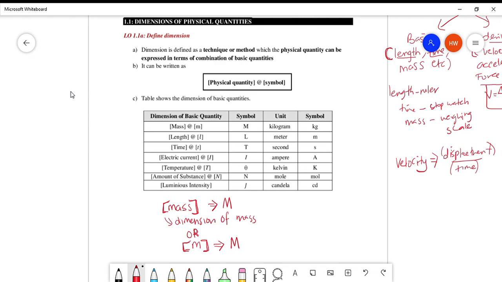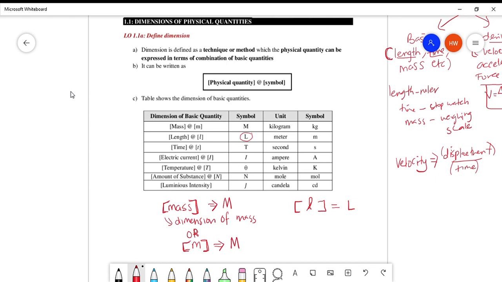Let's say we put the square bracket around the symbol L, meaning we want to find the dimension of length. The dimension of length is denoted by the symbol L, and so on.